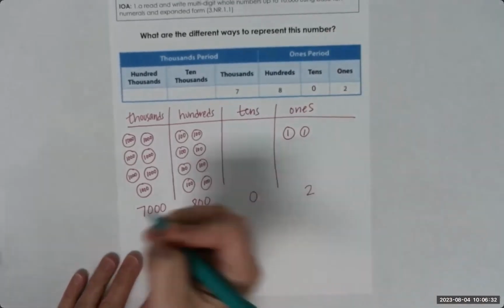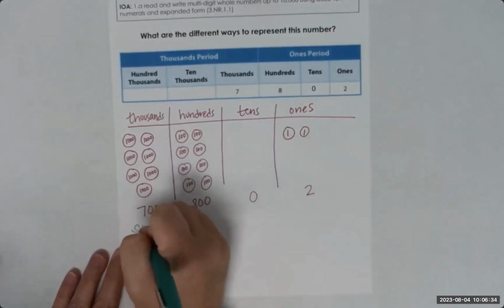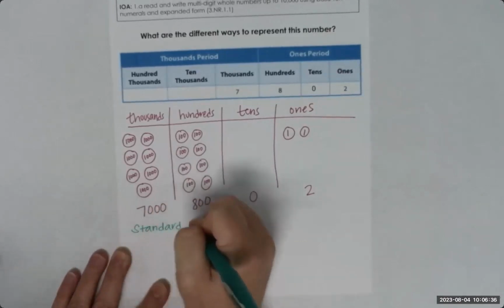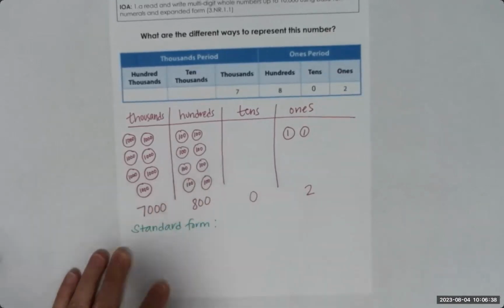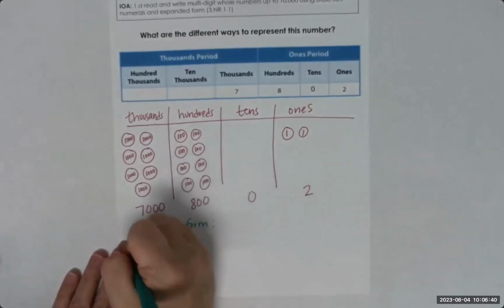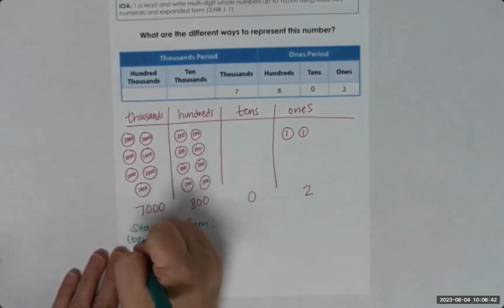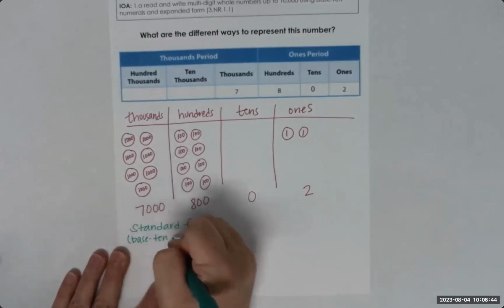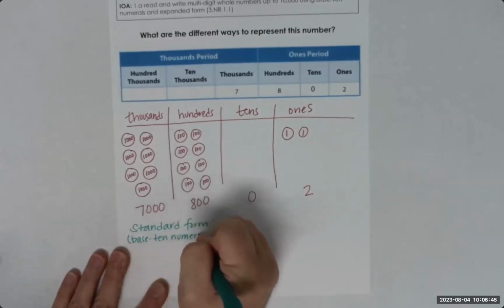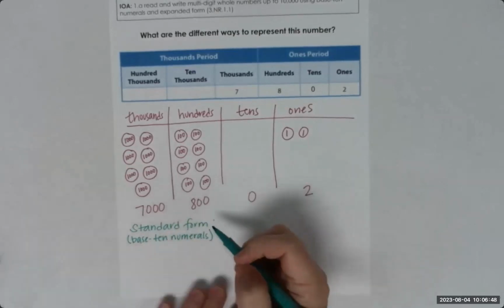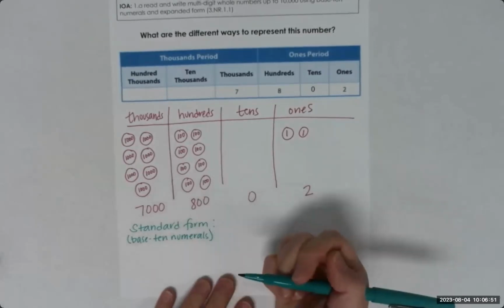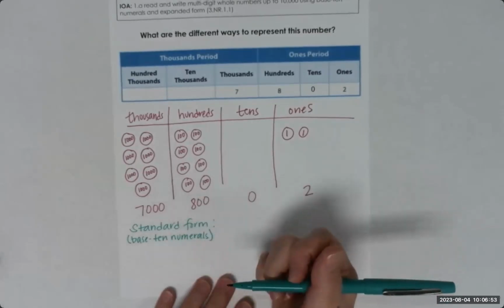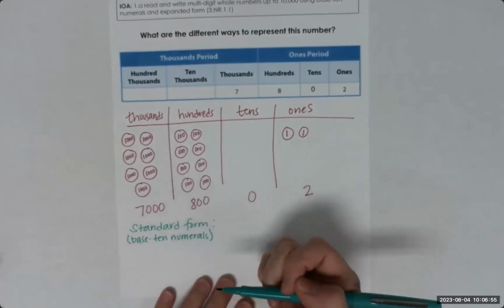So I know I have standard form. And the standard form of my number, another way to say that is using my base 10 numerals. Students might see either or in a question, right? Represent this number in the standard form, represent this number using base 10 numerals.